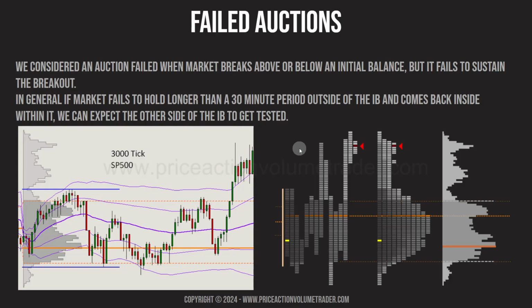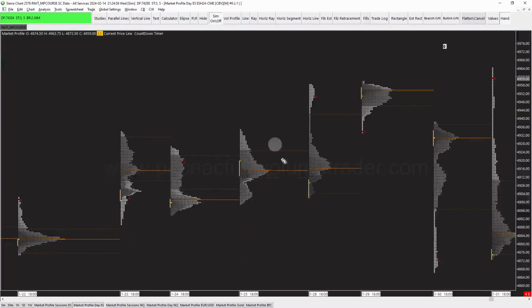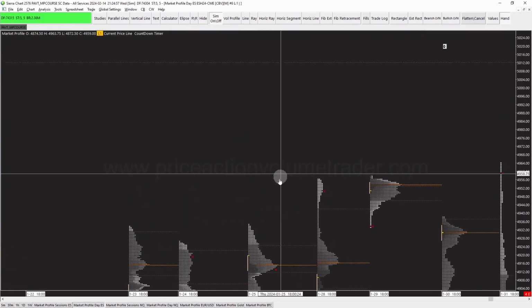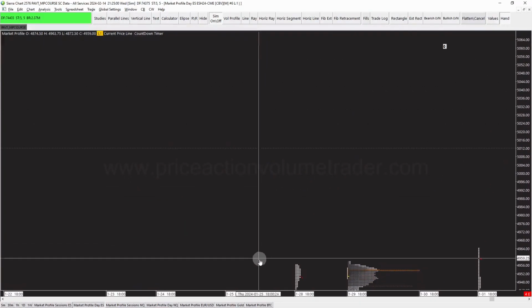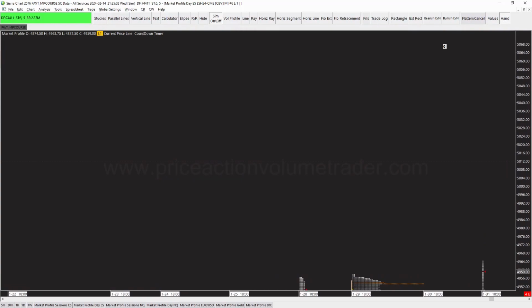This is something that I talk about in my other courses, and I've had YouTube videos on it as well, where, let me just put in the black screen here. So the inside day, basically, let me put up the Sierra chart and move this out of the way so I can have a little blackboard.